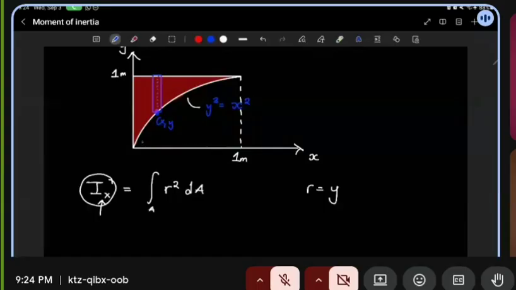So the points are not at the same distance from the x-axis, and you'd have to use the parallel axis theorem to get the moment of inertia about the x-axis.